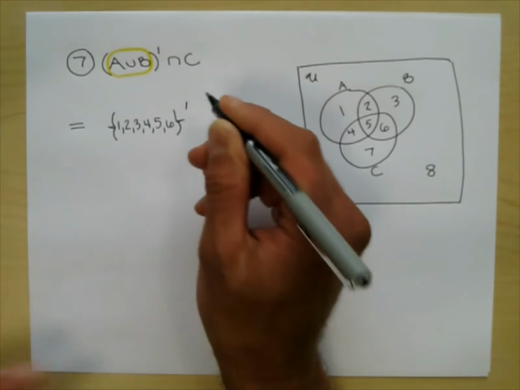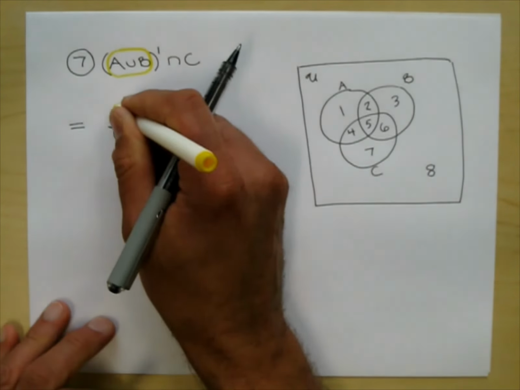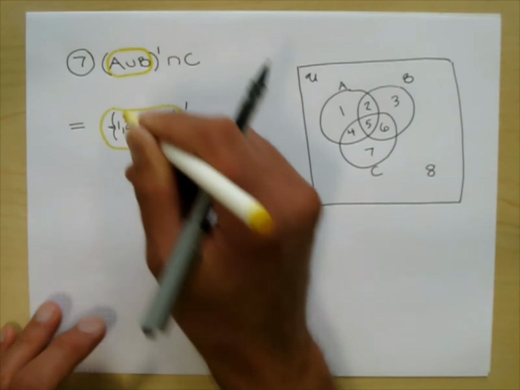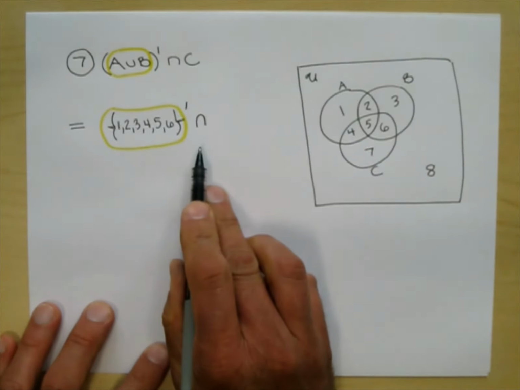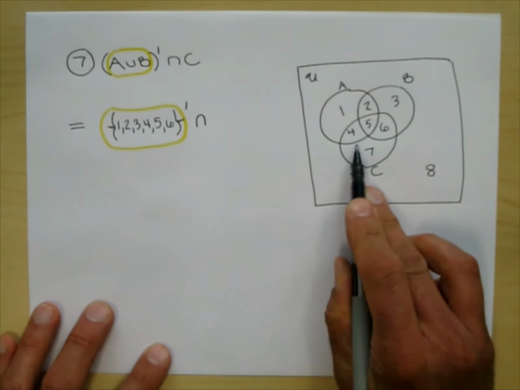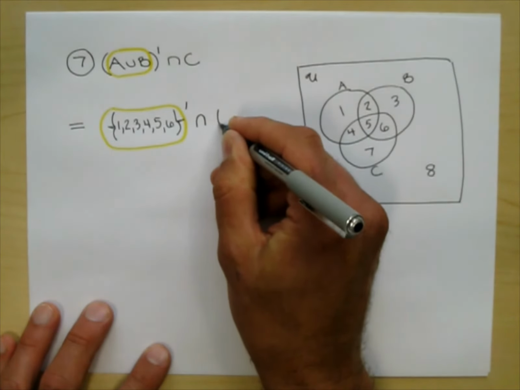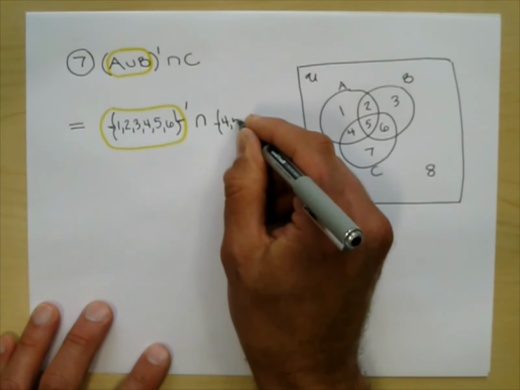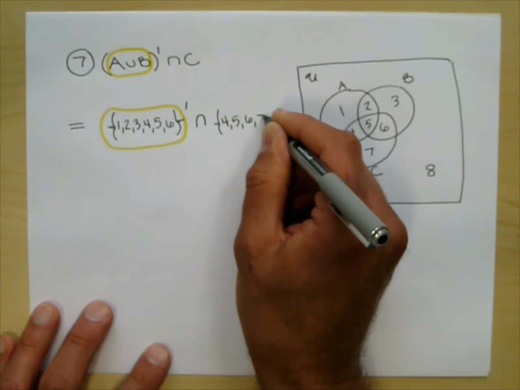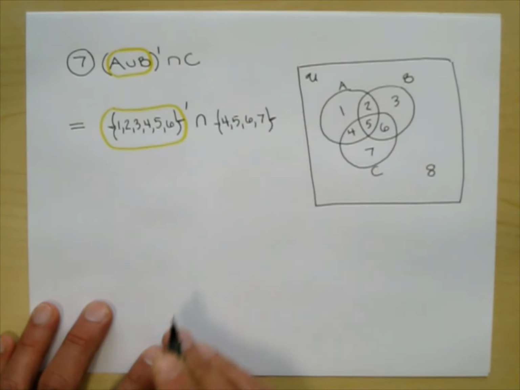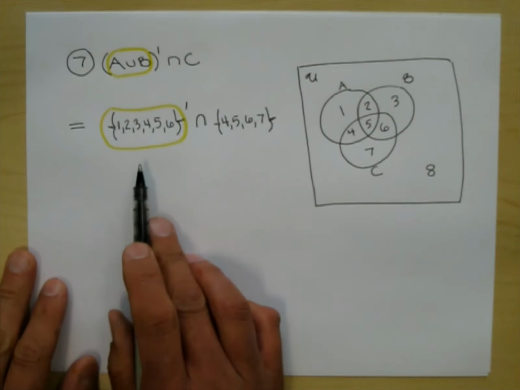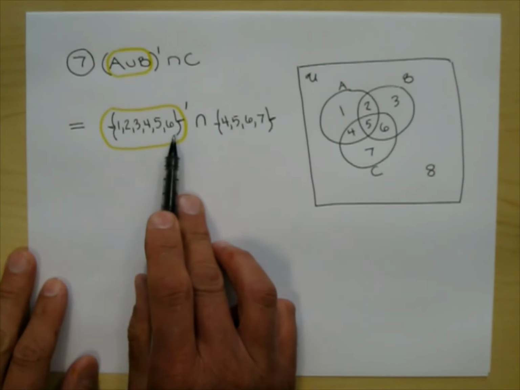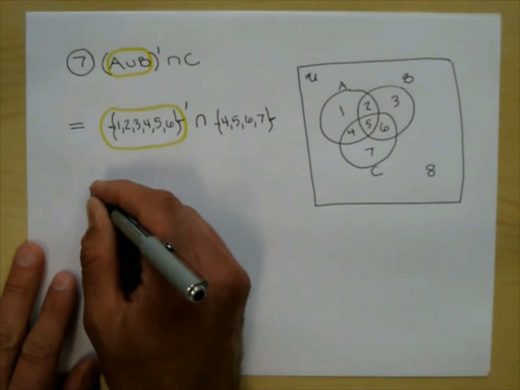There's the complement. And then this is intersected with C, and in the C circle is 4, 5, 6, 7. Okay, so now what I'm going to do is take the complement of 1 through 6, and that would happen to be 7 and 8.